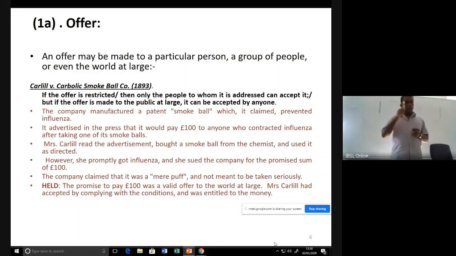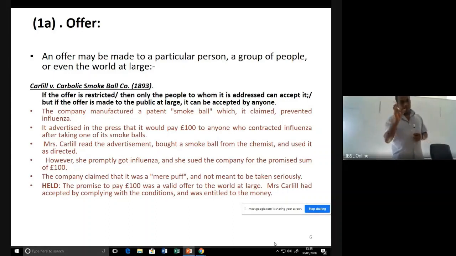I can make an offer like this: Kamal, I would like to sell this pen for 50 rupees to you. That is a promise I made to Kamal.